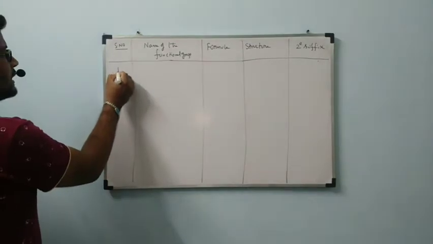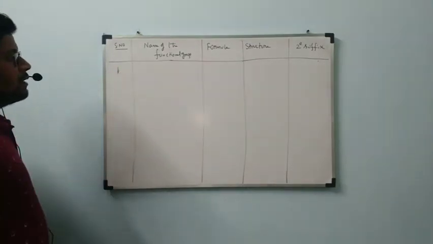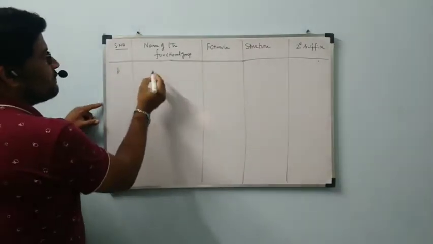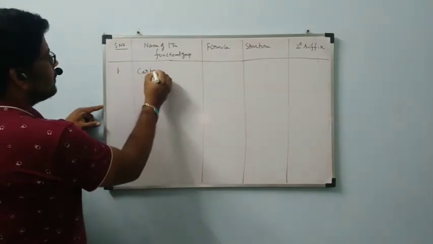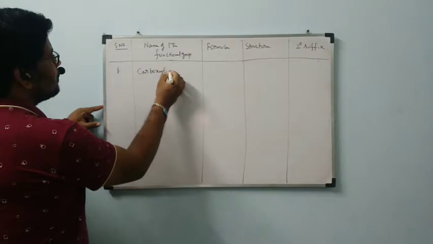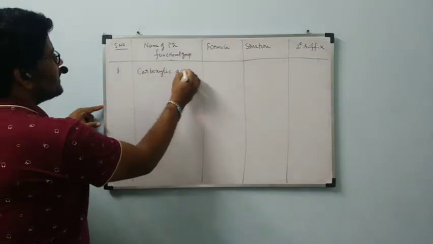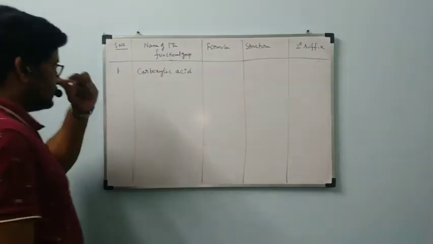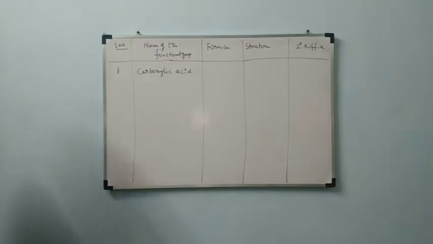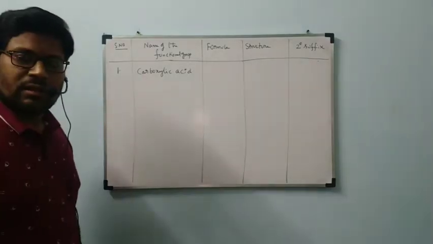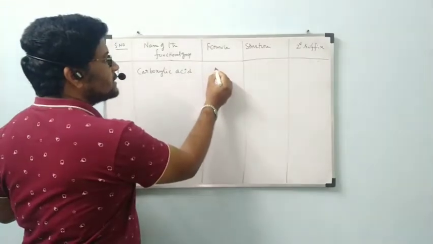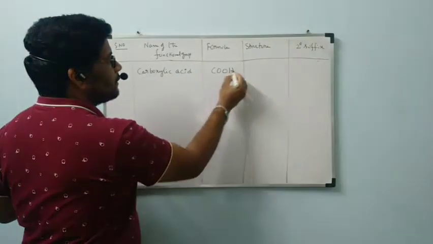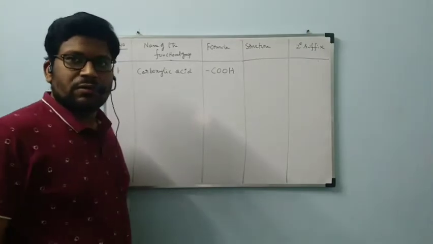See carefully. Number 1, name of the functional group: carboxylic acid. Formula of the carboxylic acid: COOH.